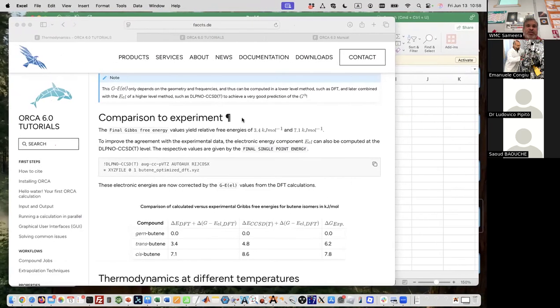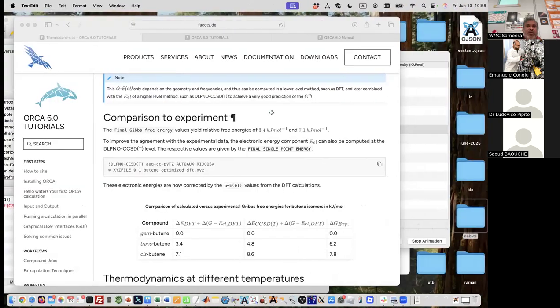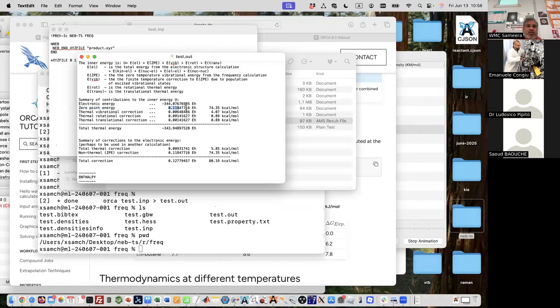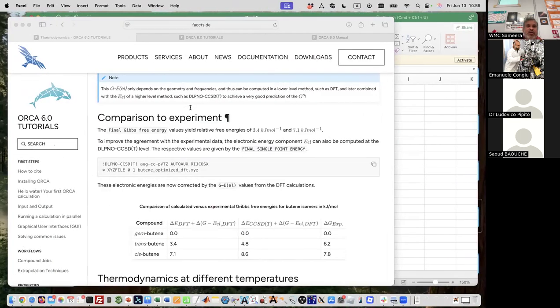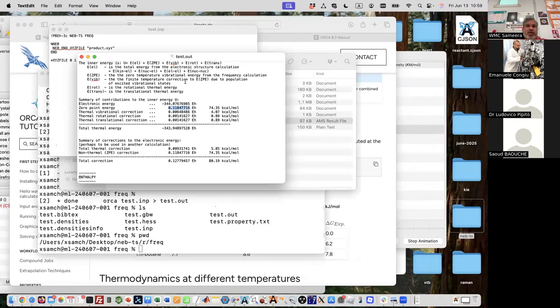You can add the zero point energy into that. Okay, so this is the total. And then let's look at the transition state.